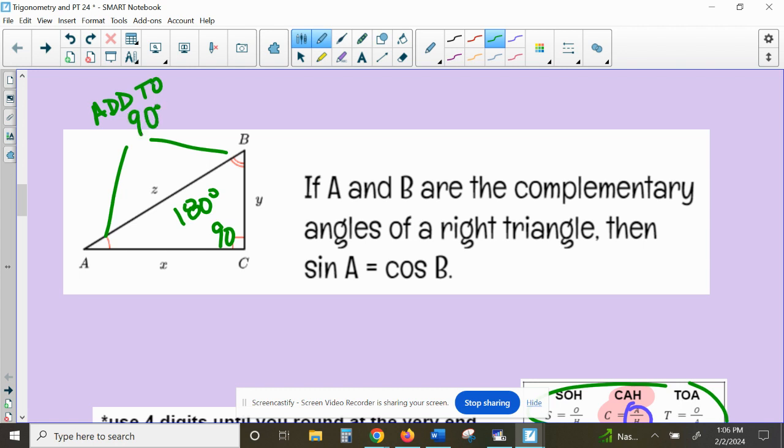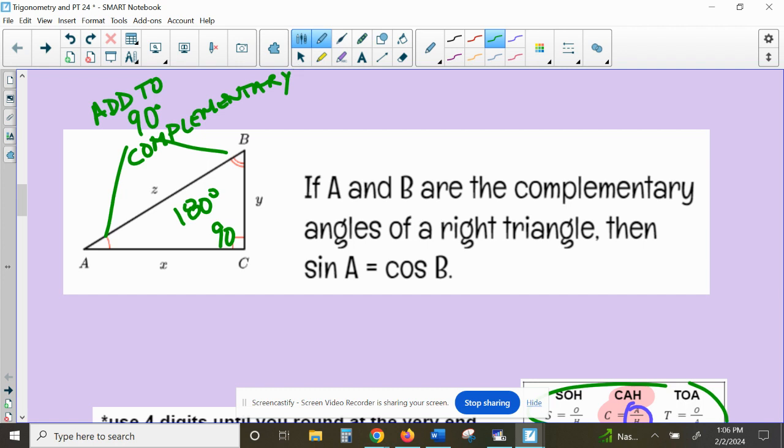And what is the fancy word that means two angles that add up to be 90 degrees? Not supplementary, because supplementary is similar. What is it? Complementary. Okay.